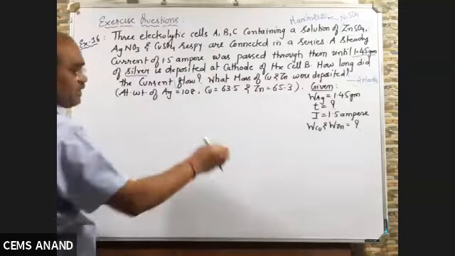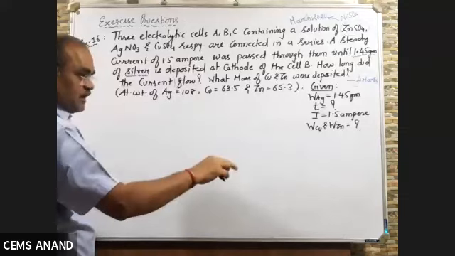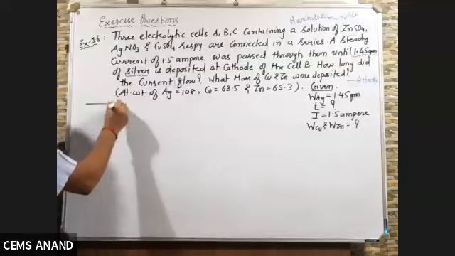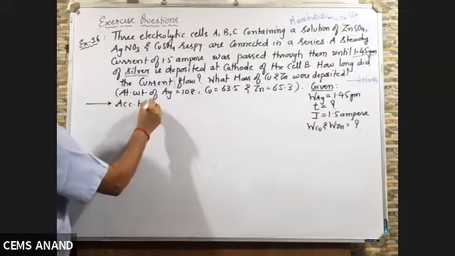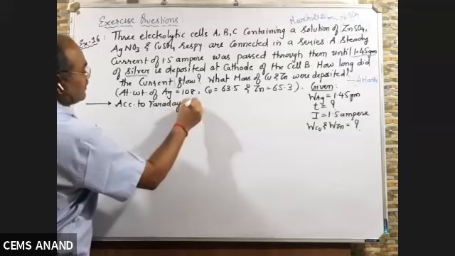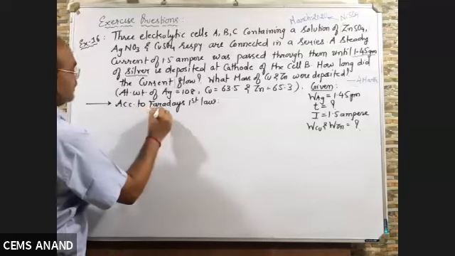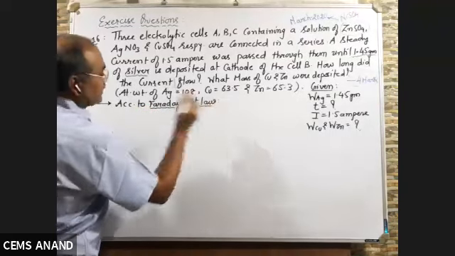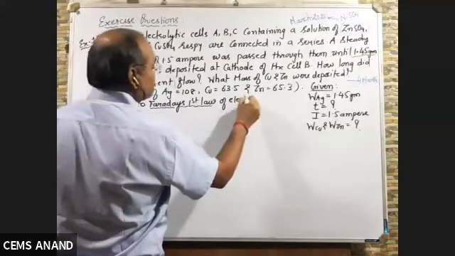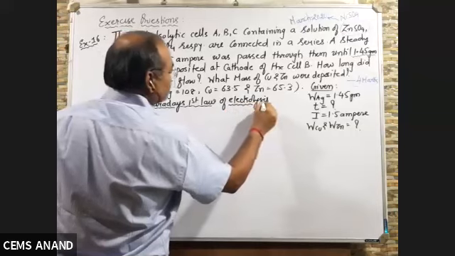Here, actually you have to apply 2 Faraday's laws: Faraday's first law of electrolysis and Faraday's second law of electrolysis. First I will write, according to Faraday's first law of electrolysis.